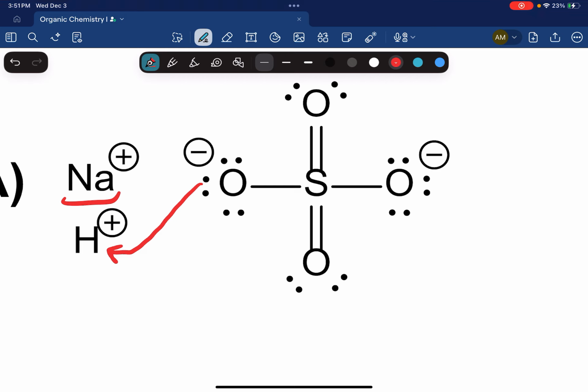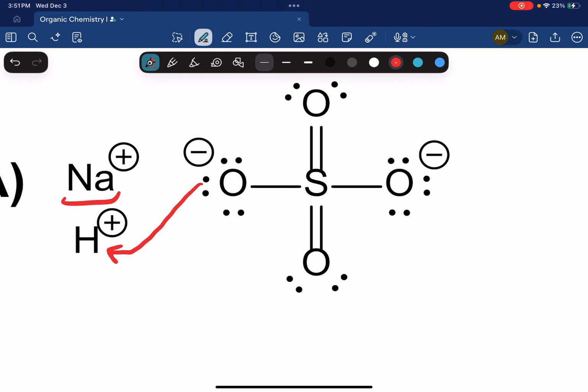Even though oxygen is highly electronegative and is one of the safest atoms to put a negative charge on and leave it there and be okay, it still wants to be a complete octet. So it's going to take a hydrogen proton if it's there. So this cannot exist, meaning our only answer choice left is C. And that's just what the sulfate looks like.